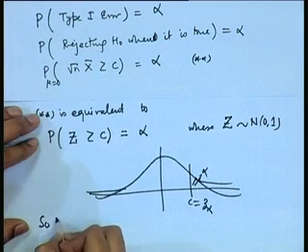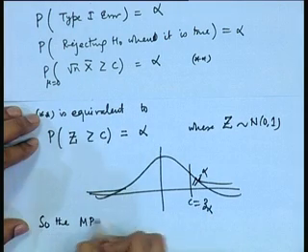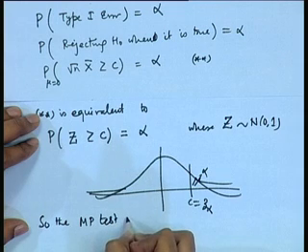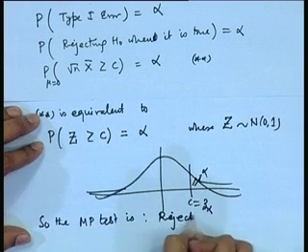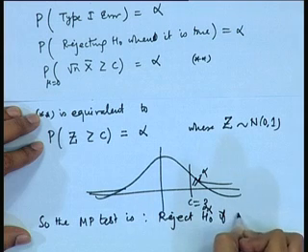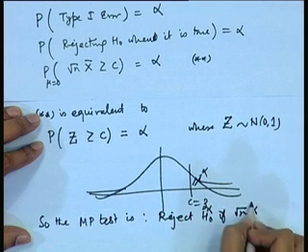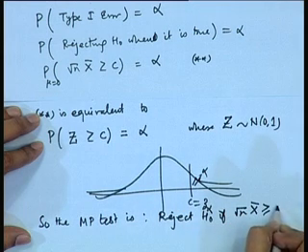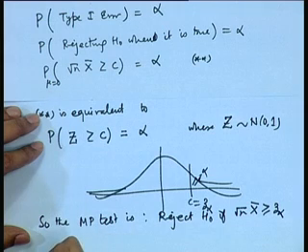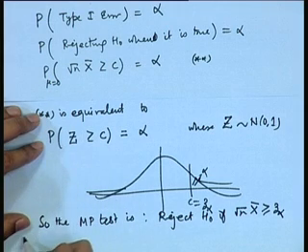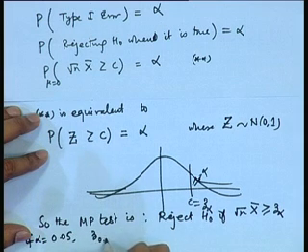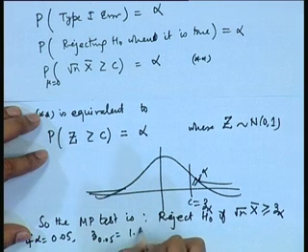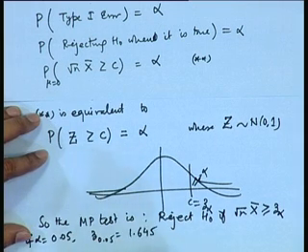So, the most powerful test is to reject H0 if root n x bar is greater than or equal to Z alpha. So, if I am considering alpha equal to 0.05, then Z 0.05, we know from the tables of the normal distribution, is 1.645.